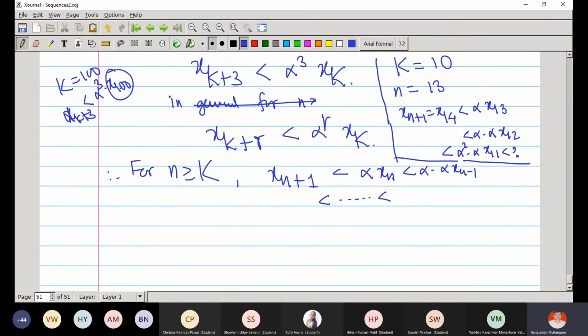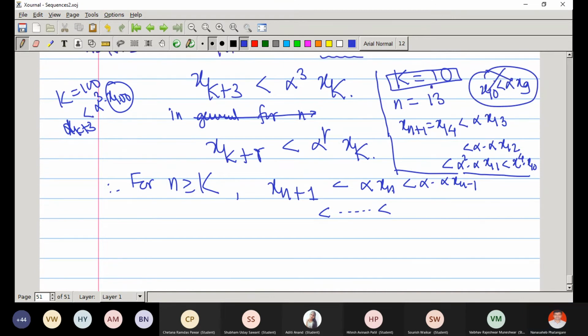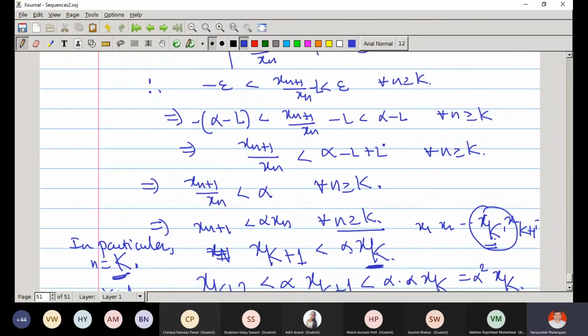So this is less than alpha raised to 4 into x10, because k is 10. We are sure up to k, that is 10, but we don't know that x10 is less than alpha times x9. We are not sure about this. Do you understand? What we are sure about is that xn plus 1 is less than alpha times xn for n greater than or equal to k, not less than k.